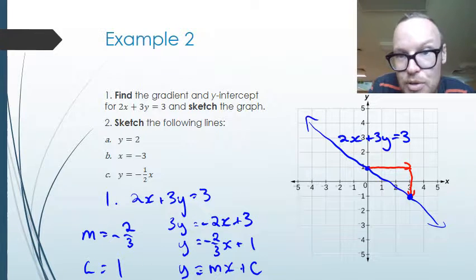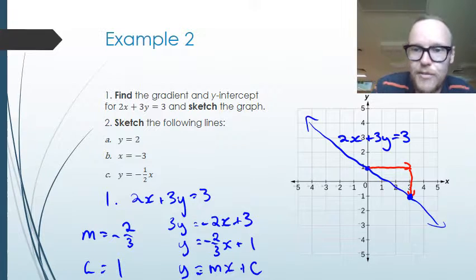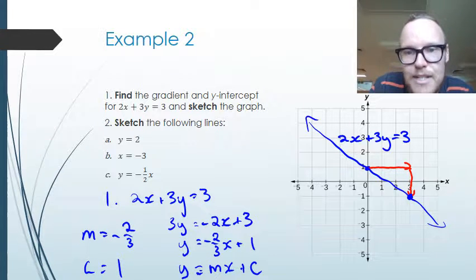So that's going to be 2 times 3 is 6. 6 plus 3 times -1 is -3, so 6 minus 3 is 3, so it satisfies the equation, which is good. So I've got my graph there, I've extended it out using the arrows, I've labelled it with the equation that I was given, and so that's all complete there.